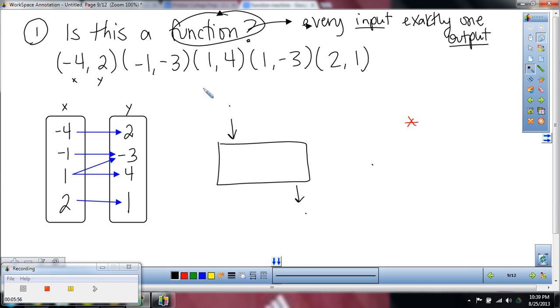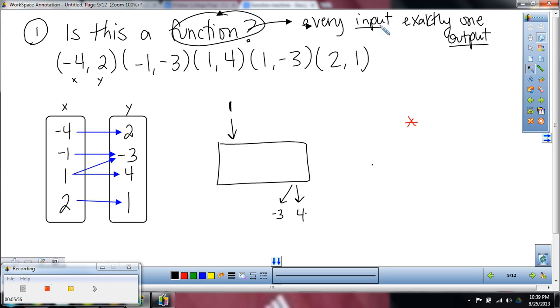1 and 4. 1 to 4. So my 1 gives me a 4. That looks okay. But I also see that 1 gives me a -3. So they're saying that this one input is giving me a 4 and a -3. Can this exist in a function?